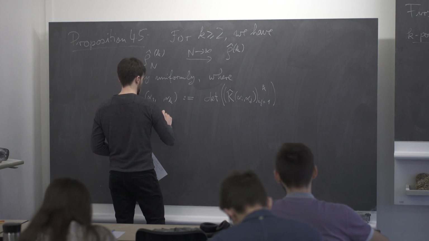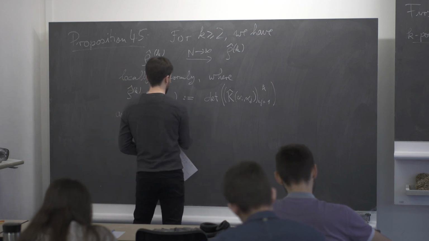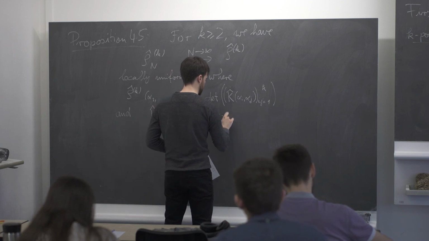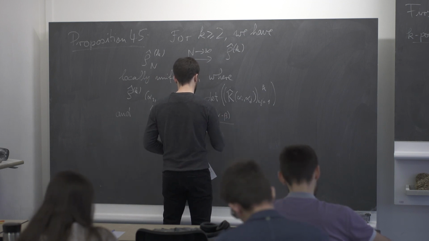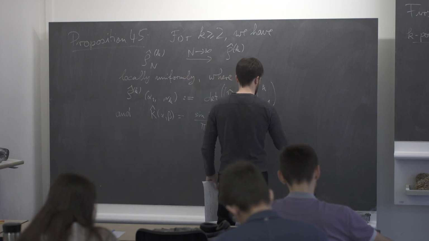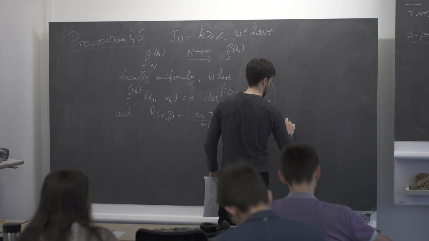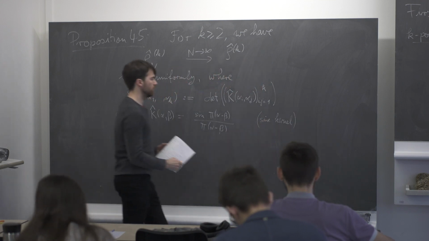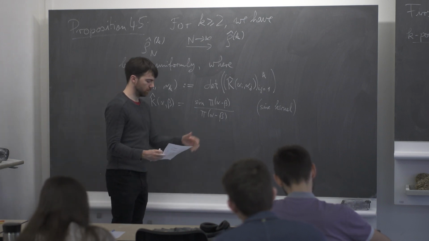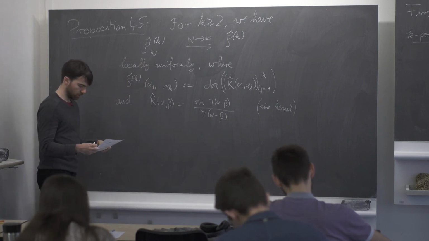So K hat of alpha, beta is as follows: sine of pi (alpha minus beta) divided by pi (alpha minus beta), and that's the famous sine kernel, at least in random matrix theory, and it appears in many other instances.